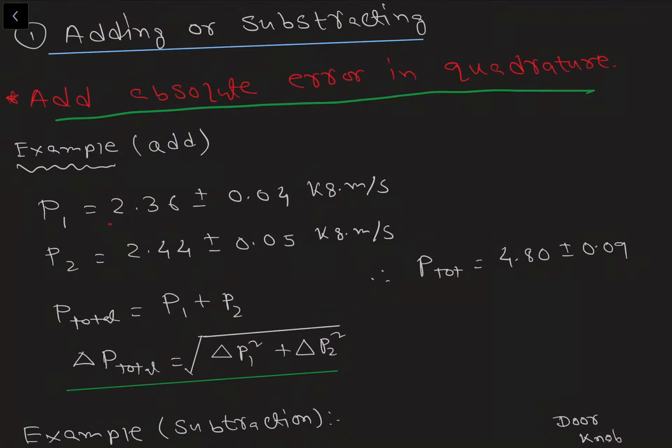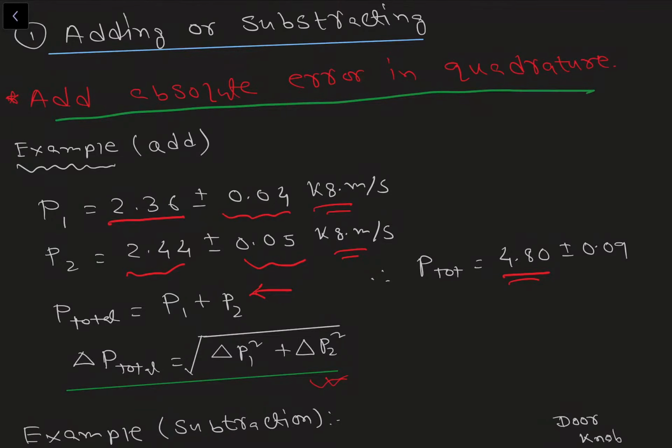First we have two momenta: P1 is 2.36 plus or minus 0.04 kg meter per second, and the other momentum is 2.44 plus or minus 0.05 kg meter per second. We have to add these two momenta, P1 and P2. So P total will be 4.8.